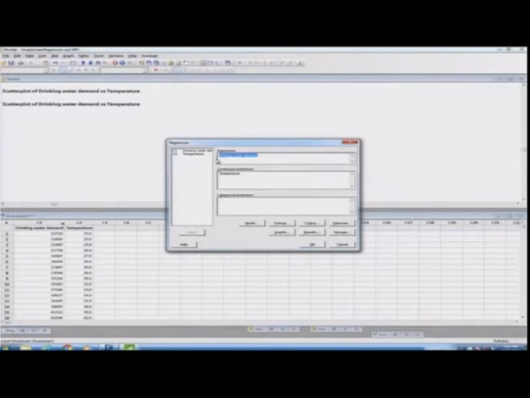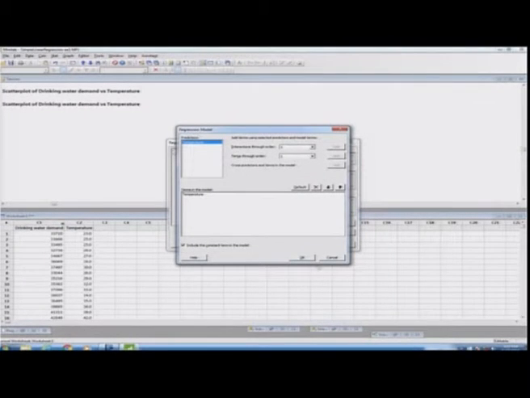Once you come here, you can see that I have given the response variable as drinking water demand, and this continuous predictor, that is the independent variable or the explanatory variable, has been given here. Now you can see that there are several options here, but at this moment I am not considering any one of them.